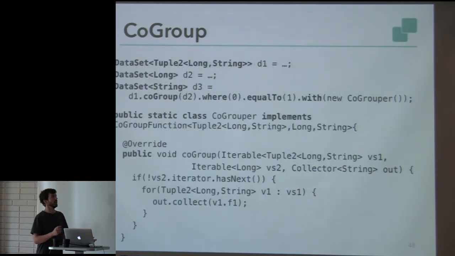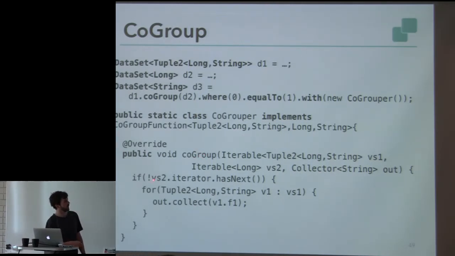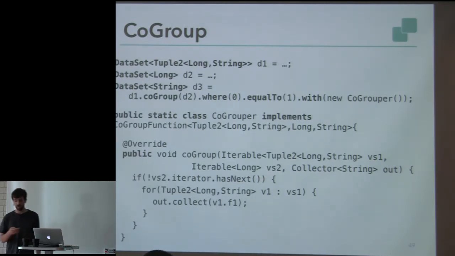For example, here we have a co-group function which just emits elements if the right-sided data set contains elements, and this is like implementing a normal SQL equi join manually with a co-group. So it's a very powerful concept if you want very flexible control over how you join data sets.